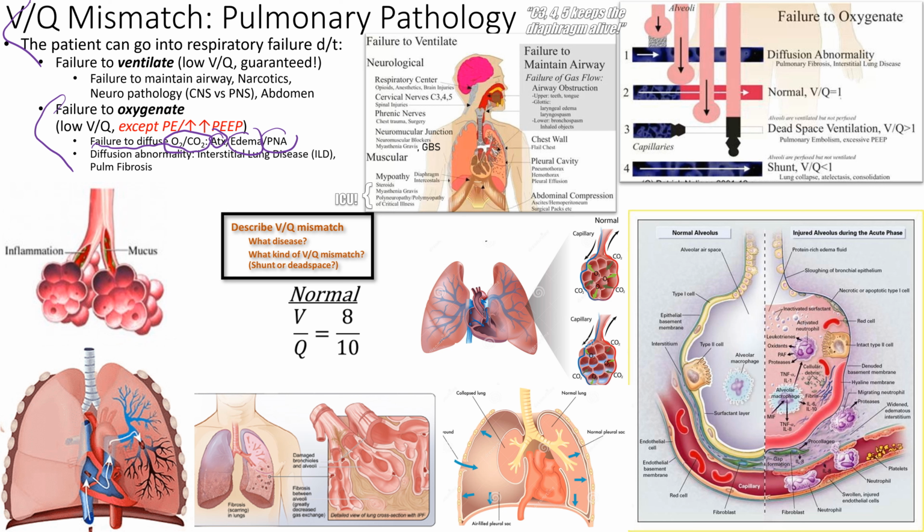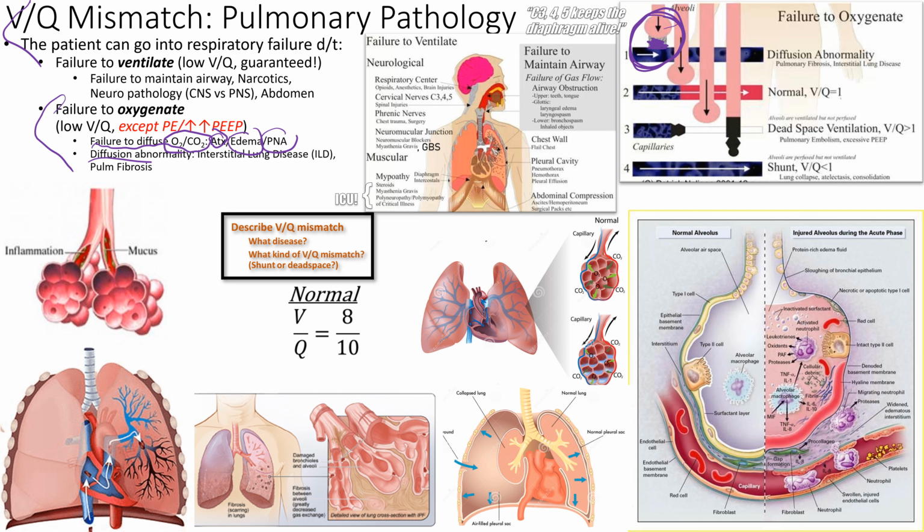And then diffusion abnormality, where we have fibrosis of the lungs, right? The alveoli are extra thick, and you can't get the O2 and CO2 across easily compared to a normal alveolus, right? So over here, for instance, we've got diffusion abnormality. You've got all this stuff which is scar tissue and fibrosis, right?